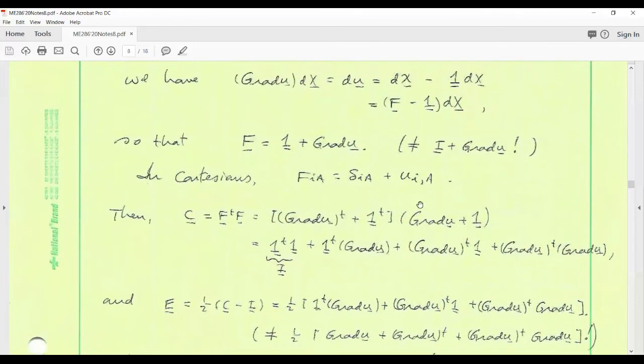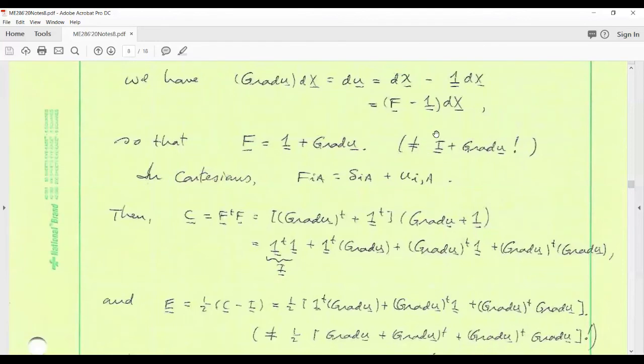By the way, you see this expression makes sense. F is a 2-point tensor. The shifter 1 we've seen as a 2-point tensor. Referential gradient of U, that would be u_i comma A e_i tensor product E_A, that's also a 2-point tensor. So we're adding objects of the same type. This would be wrong.